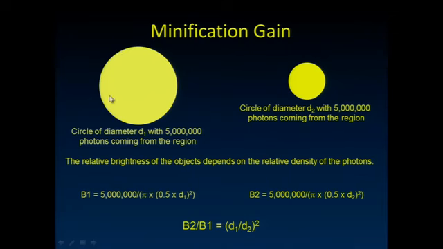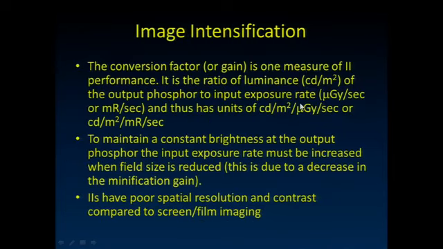If the number of photons hitting this large area is the same as the number hitting this small area, the small area is going to appear brighter. But in addition, we got gain because of the electronic amplification by accelerating those electrons.